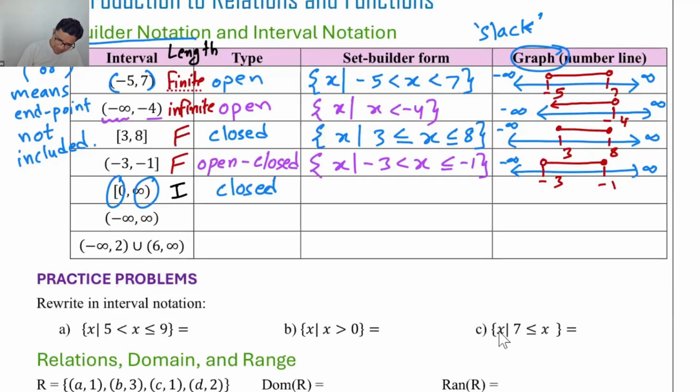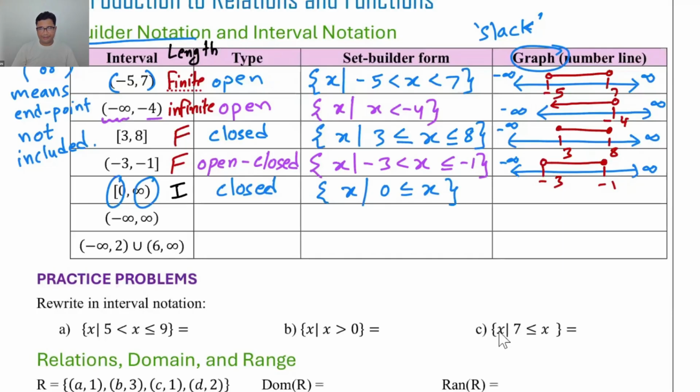So the notation, we did one of this type earlier, so you can give it a try and check with me. x such that 0 is equal or less than x, or you can say x is equal or greater than 0, doesn't matter. It's the same. And you don't have to mention the other side.